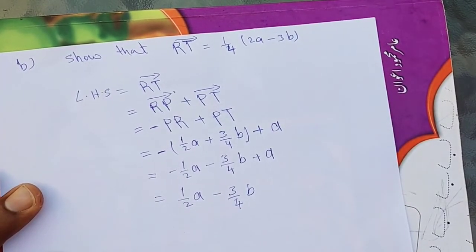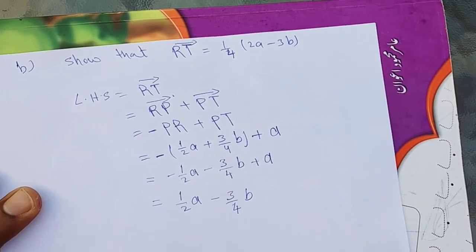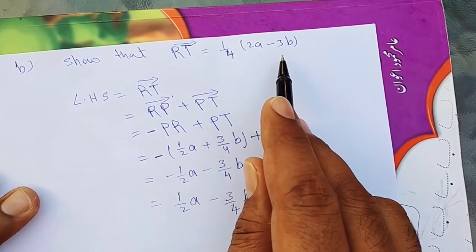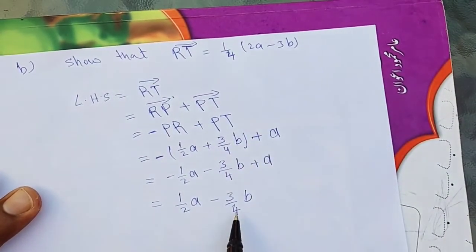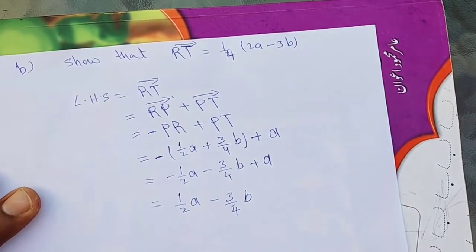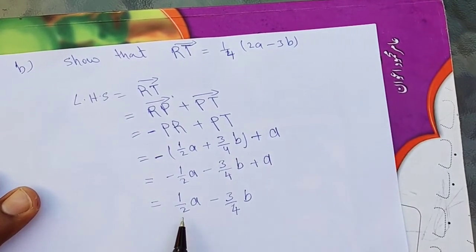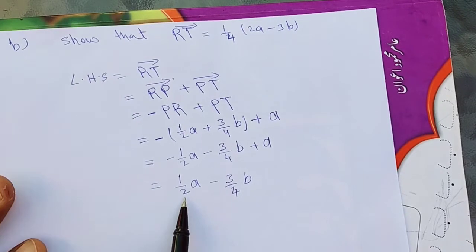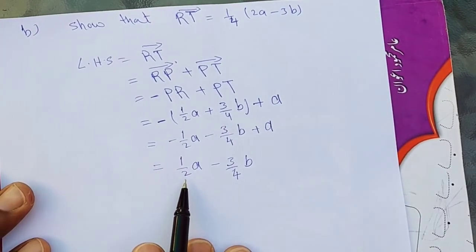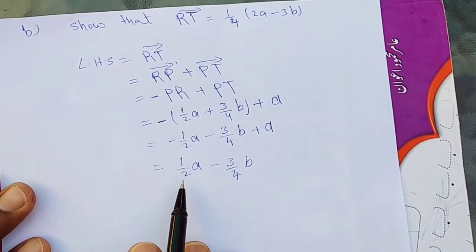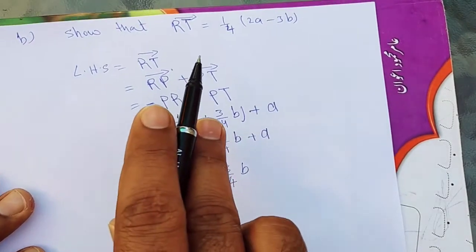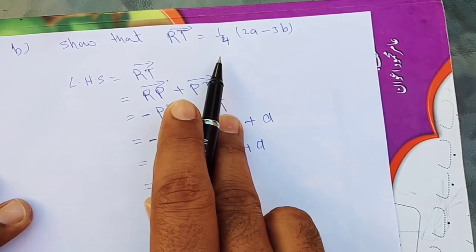This is our answer, but they required the answer should be this. So we need to take common quarter. For making the denominator 4, we will multiply up and down with 2, because we want to take common 1 over 4.